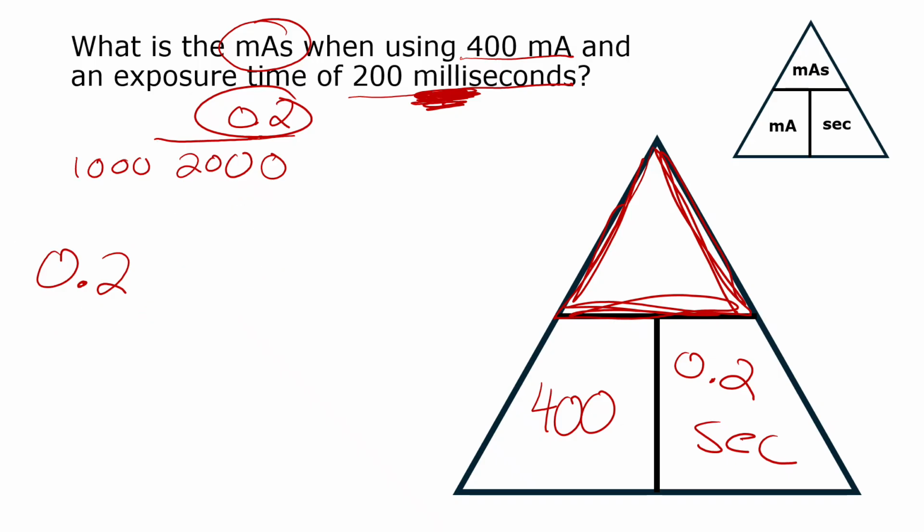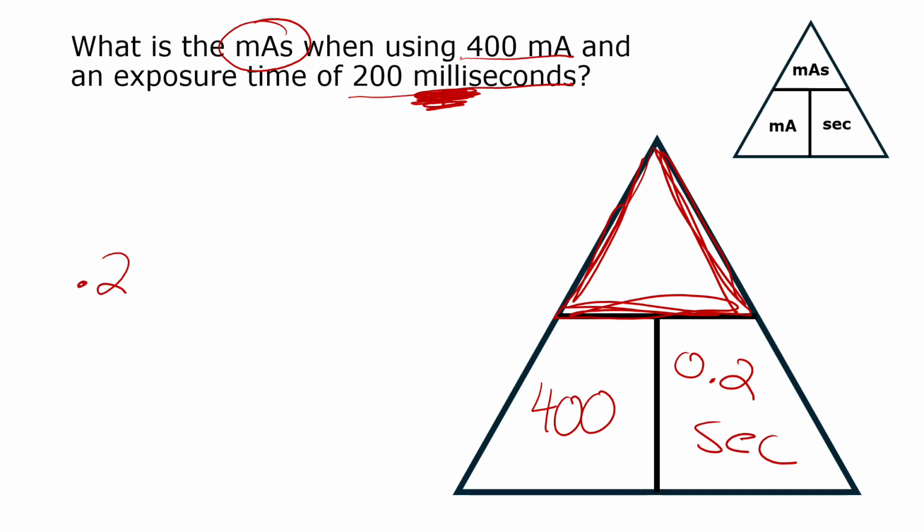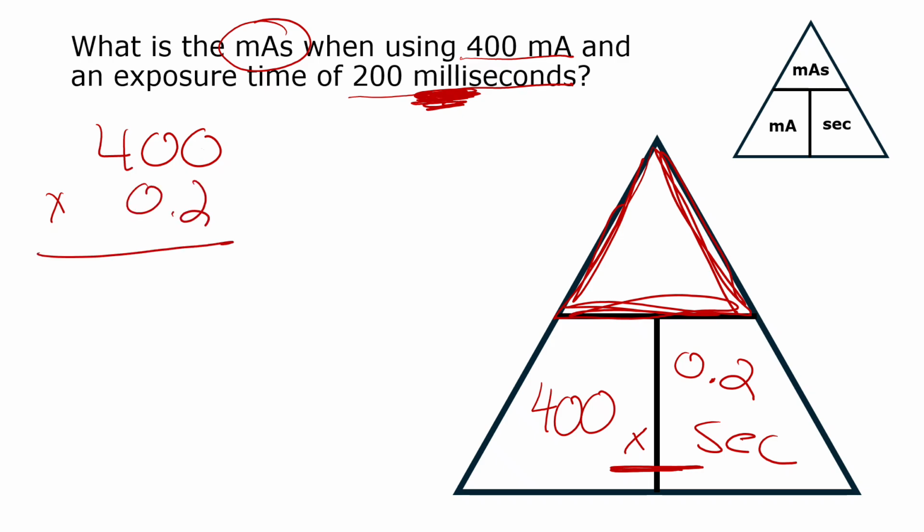So now that we have the values that we need, let's go ahead and solve for mAs. Because we have mA and time, we can just multiply. So we'll have 400 times 0.2. 2 times 0 is 0. 2 times 0 is 0. 2 times 4 is 8.